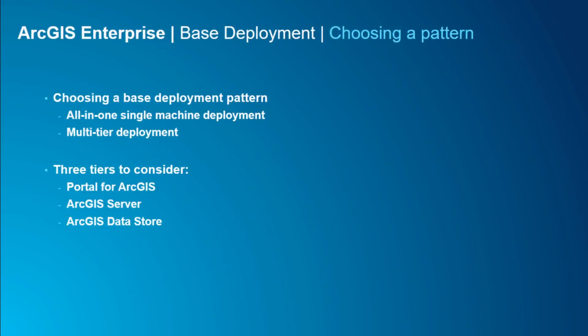Let's go through the individual choices you have when choosing how to set up your base deployment. ArcGIS Enterprise has a very flexible deployment pattern. It can be installed in basically any software environment where you meet the system requirements itself. That's on premises, in your data center, under your desk, in the cloud, private or public cloud.